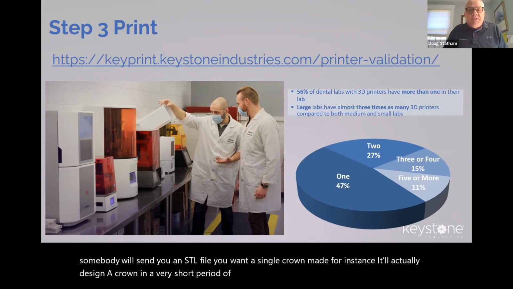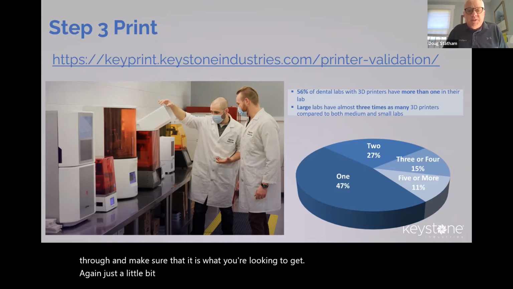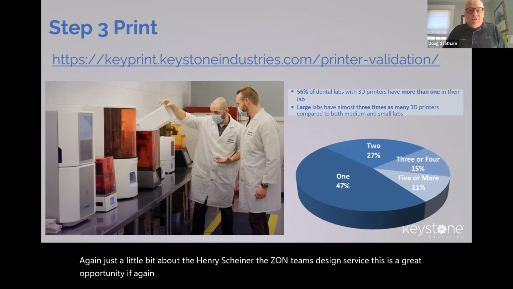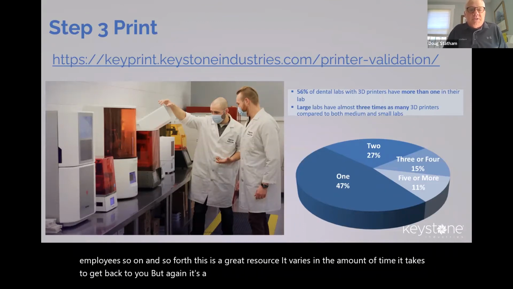One of the statistics that I put on here, just to kind of show you again the growth of this space, is the number of printers that particular offices or laboratories are going to have. When I first started with this, I couldn't imagine anybody having more than 1 or 2 printers. I have one customer who has 18 printers right now, and they're running around the clock 7 days a week on these different printers. We have one customer who's done over 24,000 night guards just last year alone.